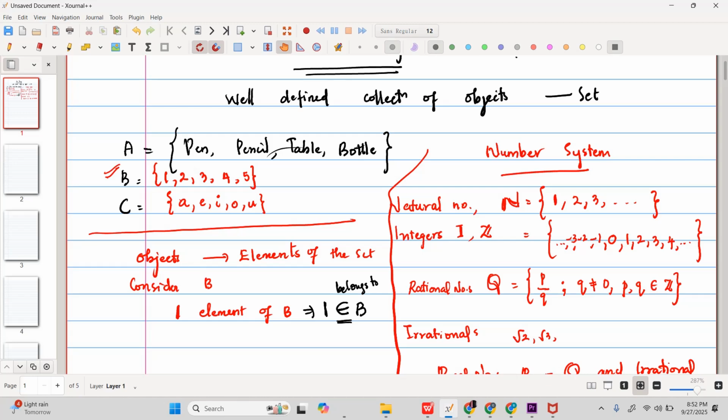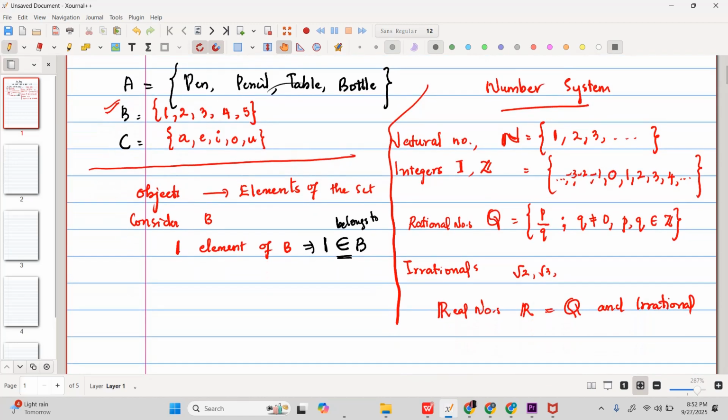If I am picking 2, it is an element of B also, so I can represent it as 2 is an element of B or 2 belongs to B. Now if I am selecting 10, can you see the 10 in that B set? No, right?